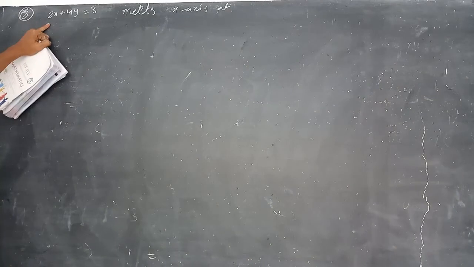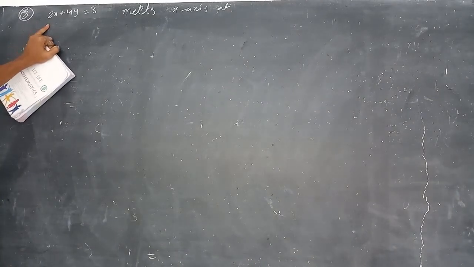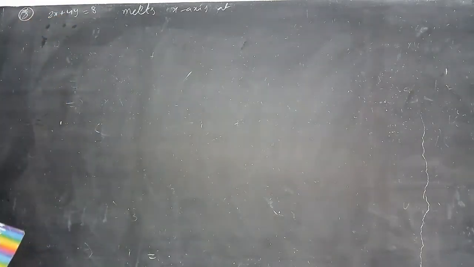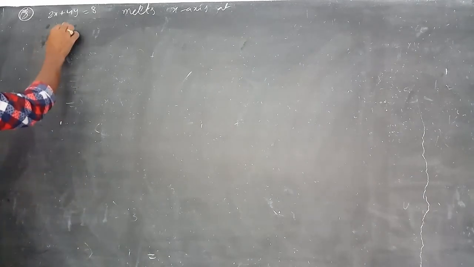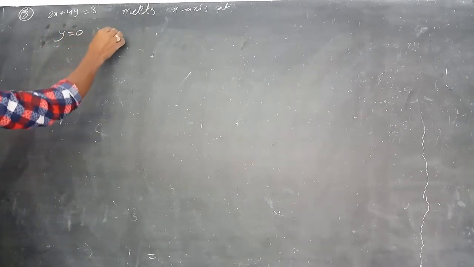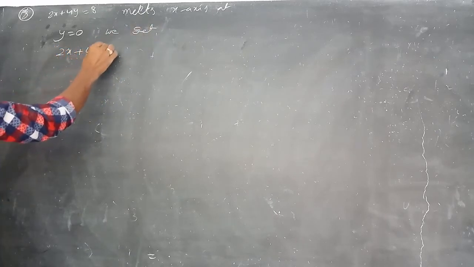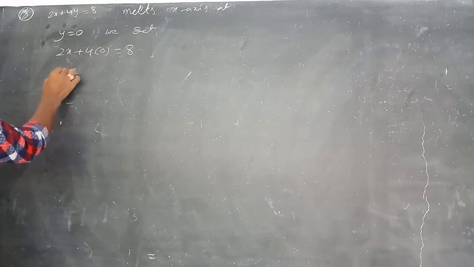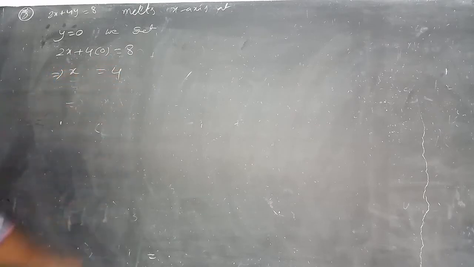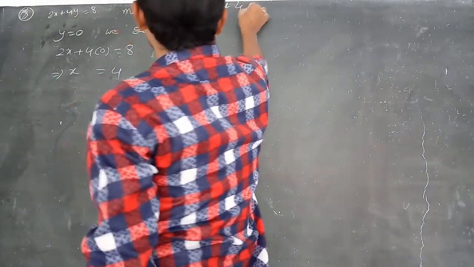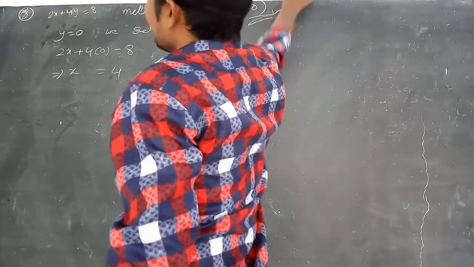We have two methods here. Convert into x by a plus y by b is equal to 1. Otherwise, substitute y equal to 0, we can get x-intercept. y equal to 0, we get 2x plus 4 into 0 equal to 8, x equal to 4. So x-intercept is 4, meets x-axis at 4 comma 0, right?